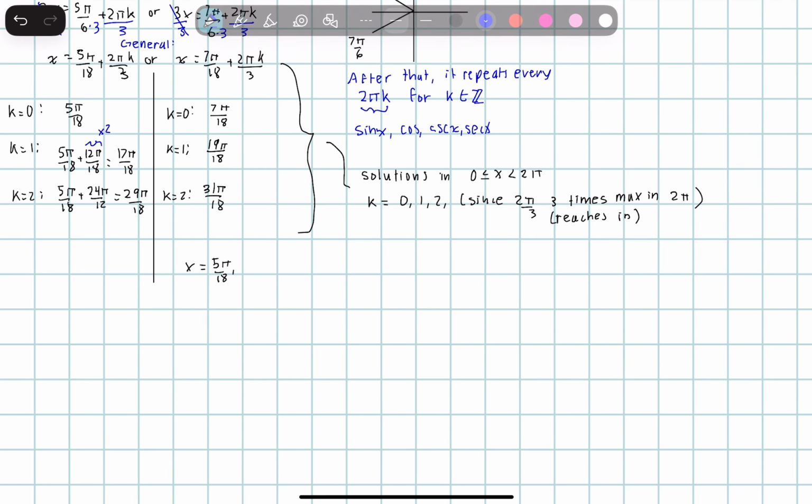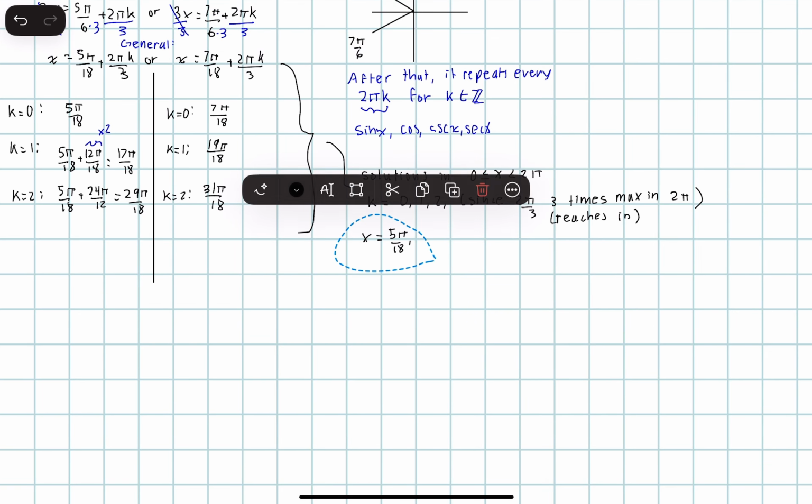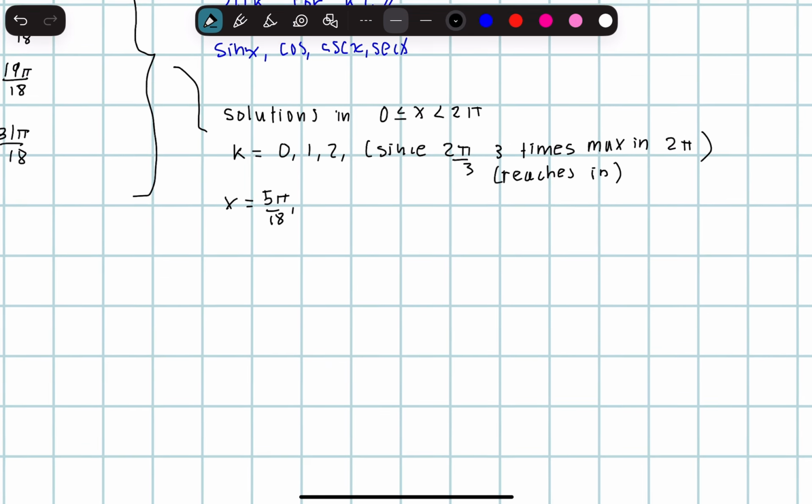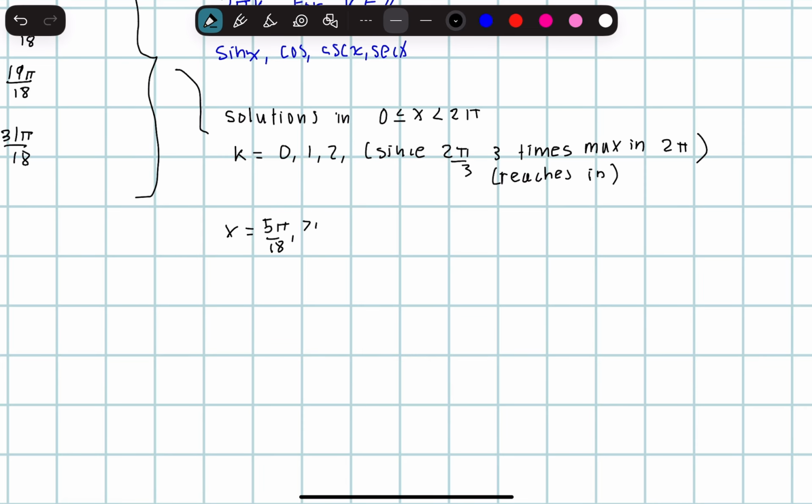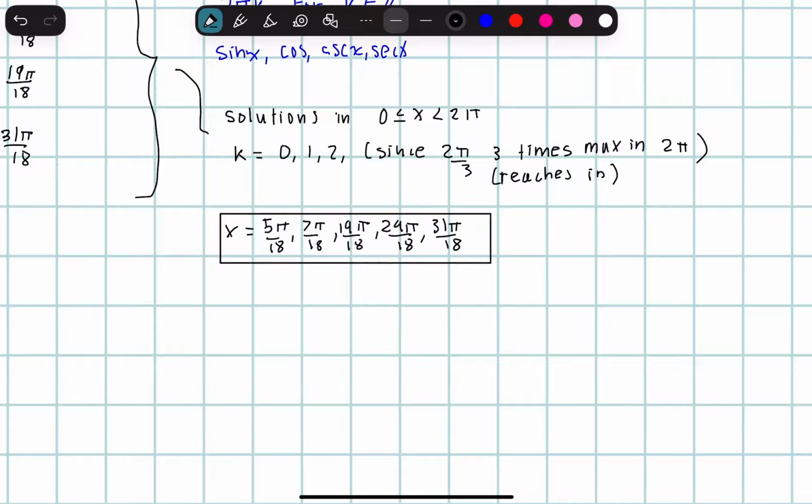Okay, let's move this down a little bit. x is 5 pi over 18, 7 pi over 18, 19 pi over 18, 29 pi over 18, 31 pi over 18. Now all this, we can box that up. Hooray.